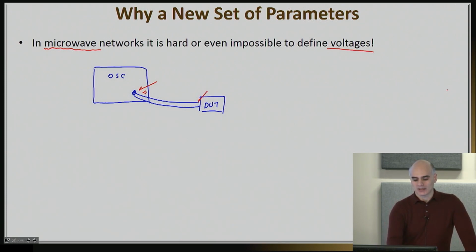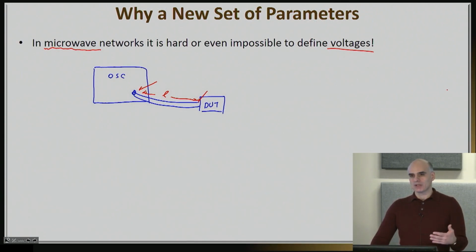Why? Because you might have some length, which, as we know in microwave frequencies, is actually substantial. After all, even a lambda by 10 will give you a significant phase shift on the Smith chart. So even if you can define voltages, measuring them becomes a real trouble.